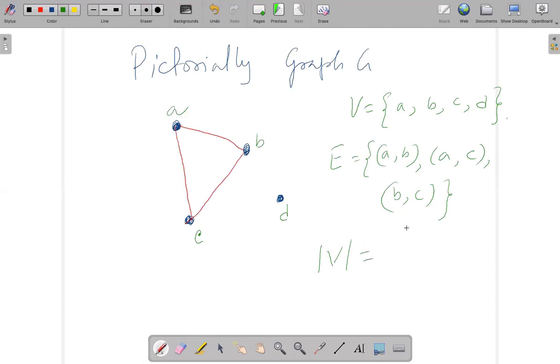The order of this graph is 4, since it has 4 vertices, and the size of this graph is 3, since it has 3 edges.